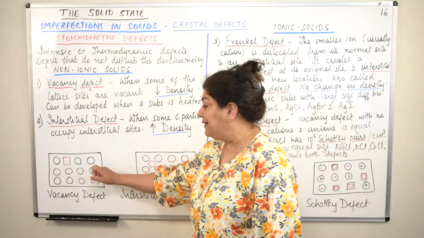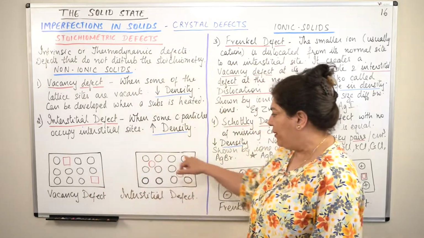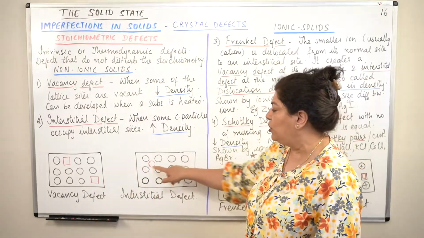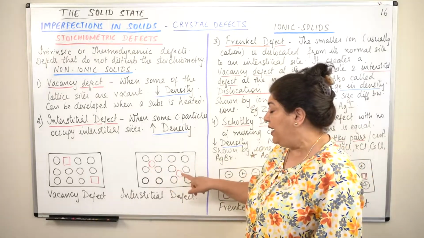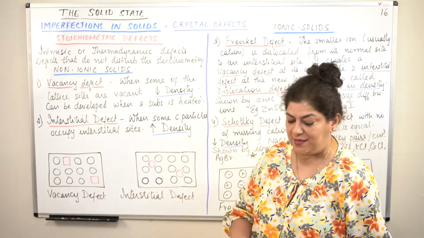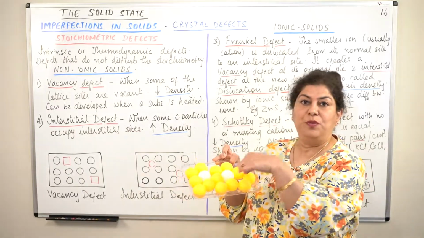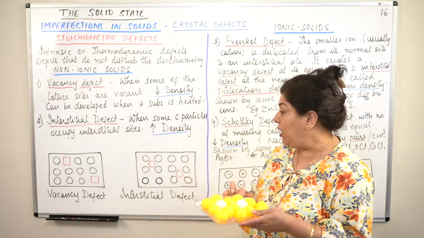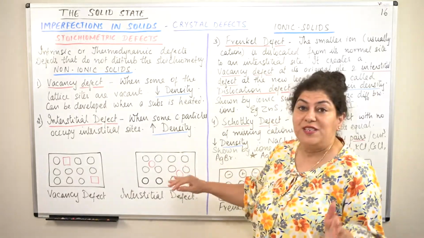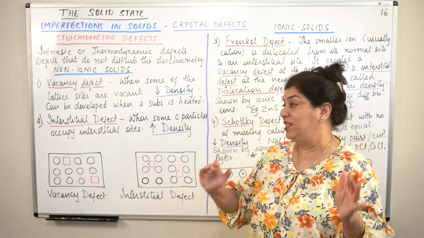Here you see the 12 black balls are already present, and these two red balls are just occupying the interstitial spaces. They are just present in between somewhere. Therefore, such a defect is known as interstitial defect.